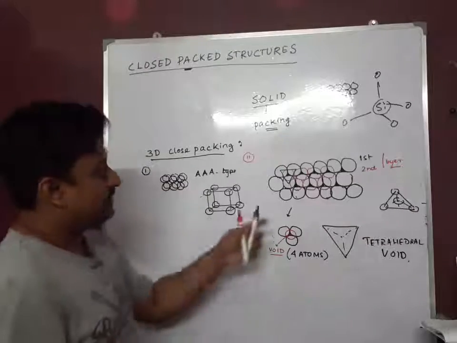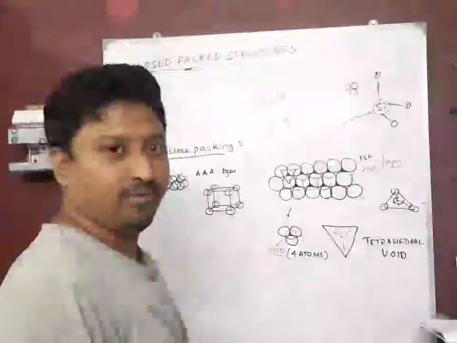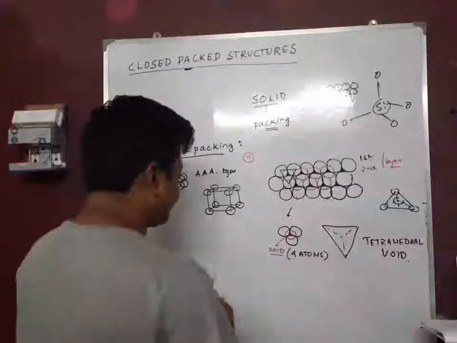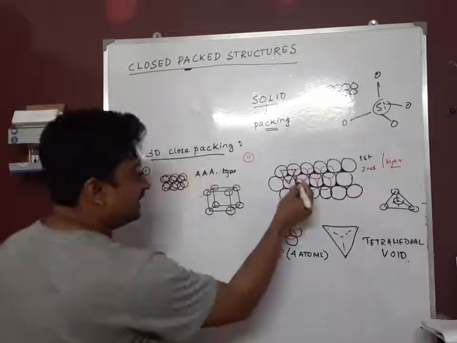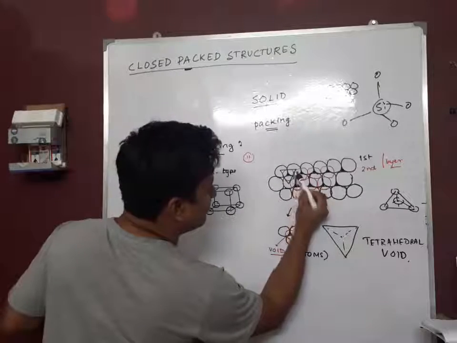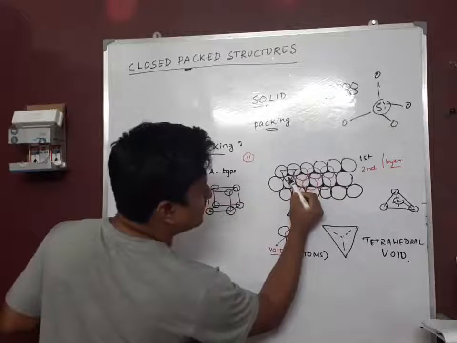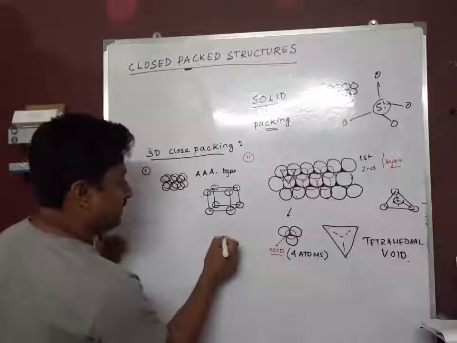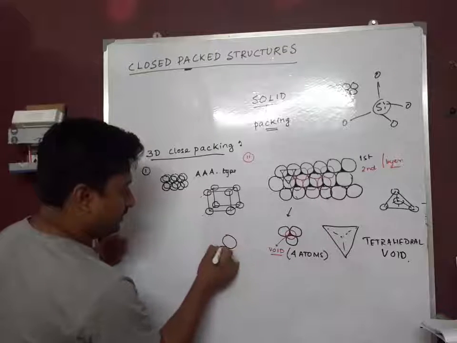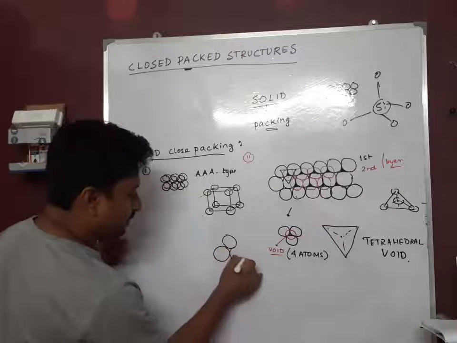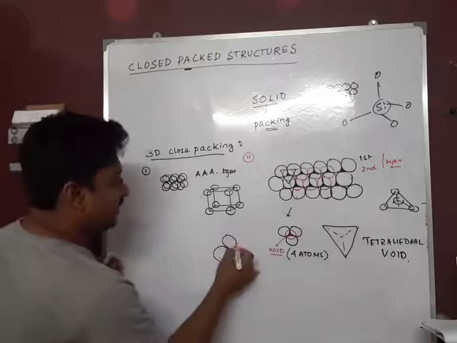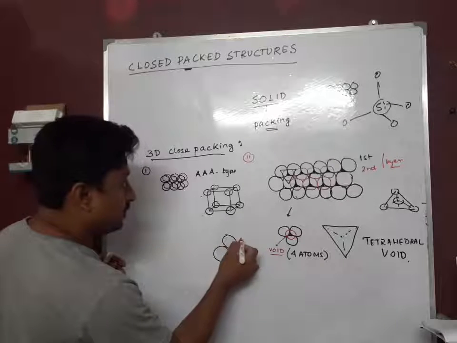Other than the tetrahedral void, you will see another type of void. Let me draw here. What is that? If I consider this part, these 3 red and these 3 black, what is happening here? Careful.